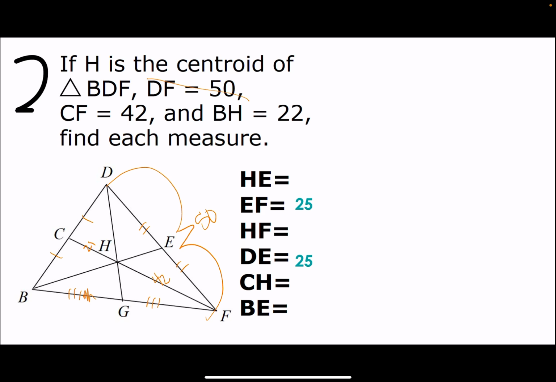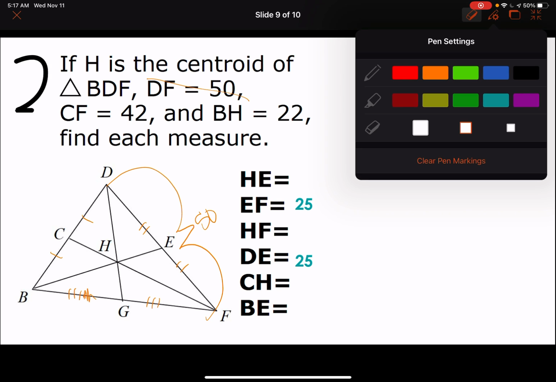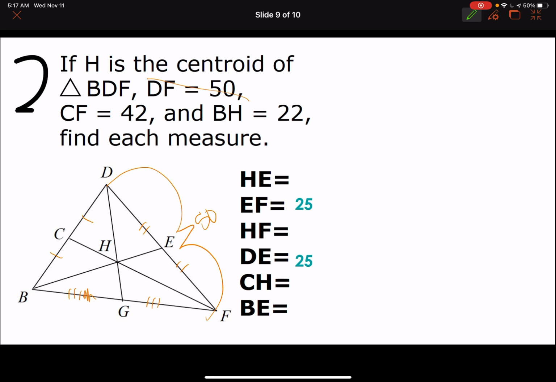Right? Oh, wait, that's a lie. I have it backwards, guys. So what they're saying is this entire segment here is 42. So we're going to have to do 42 divided into 3 parts.